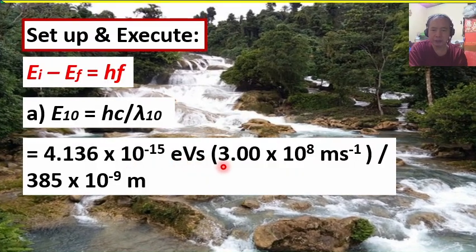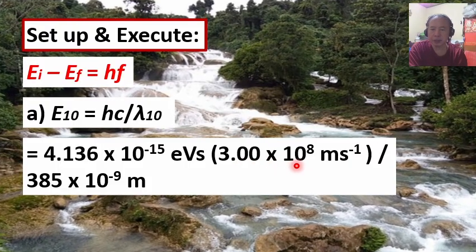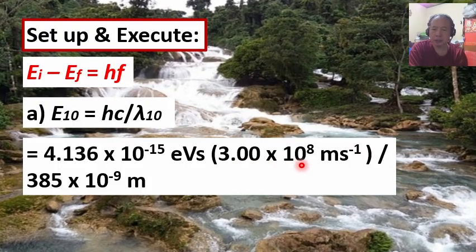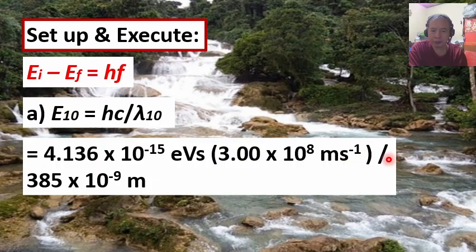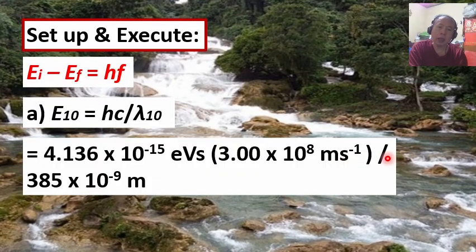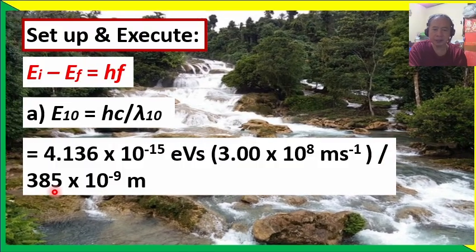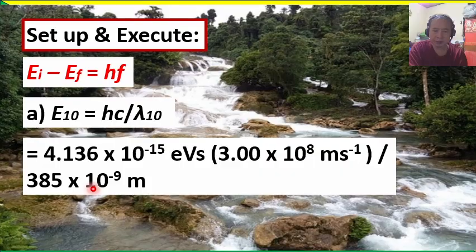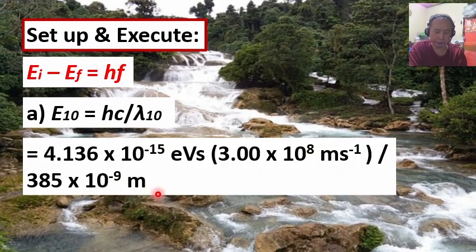And then times the speed of light, 3.00 times 10 to the 8 meter per second, and then divided by the wavelength lambda sub 10, which is given in the problem, 385 times 10 raised to the negative 9 meter.